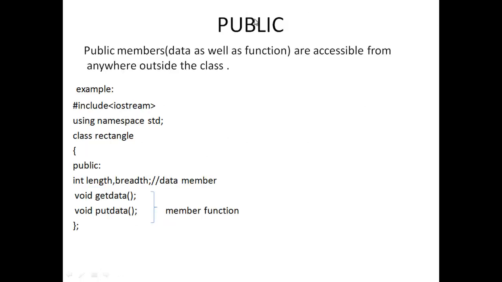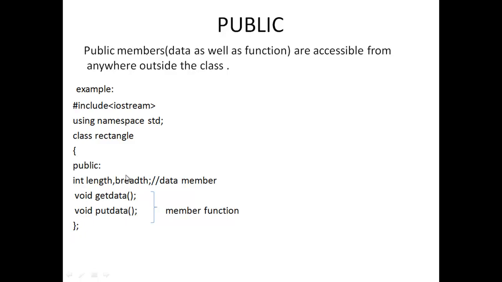First I declare the public. Public members, that means data members as well as member functions, are accessible from anywhere outside the world. Okay, that means outside the class. So here see the example. First I am writing the keyword class, then the name of the class, then the brace is open, and before the closing brace, here I am writing some data members and member functions.